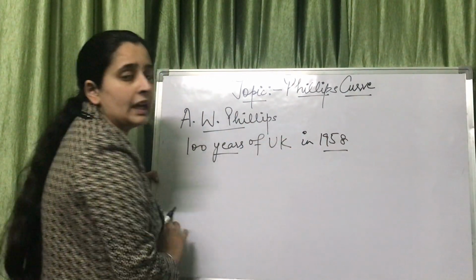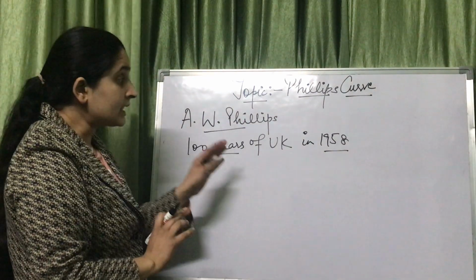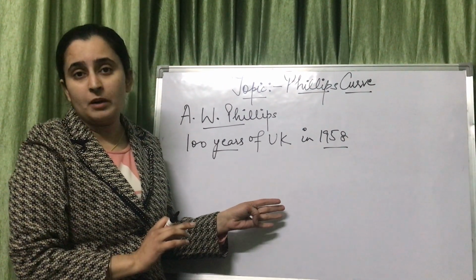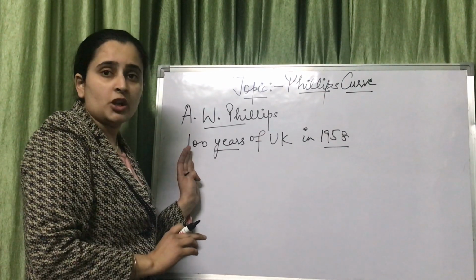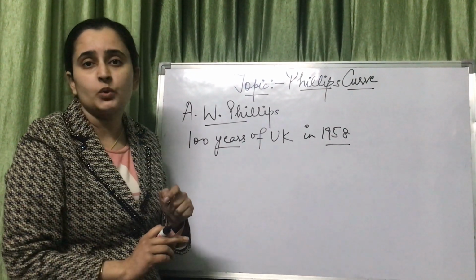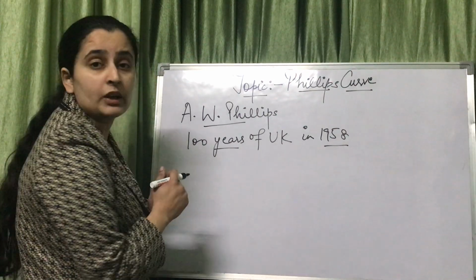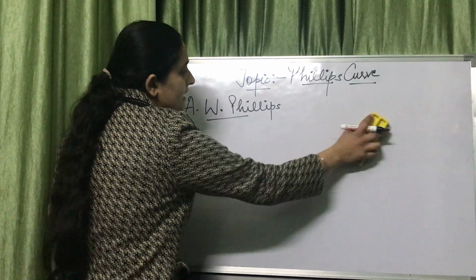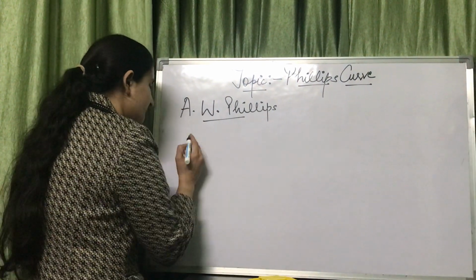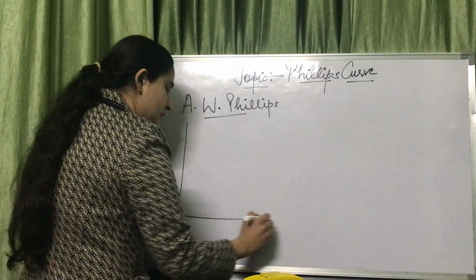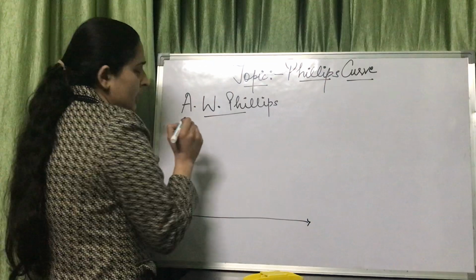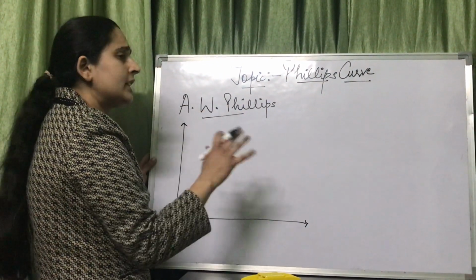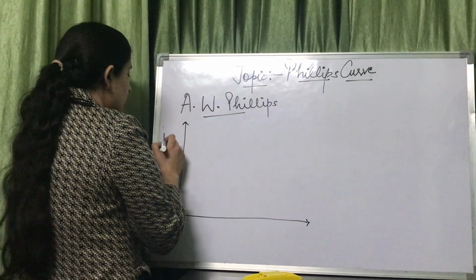In his study he found that there is a trade-off between these two components, the rate of inflation on one hand and the rate of unemployment on the other. Let us see what he discovered. From that data he noticed that the Phillips curve is not the inverse L shape, which was the aggregate supply shape Keynes described.